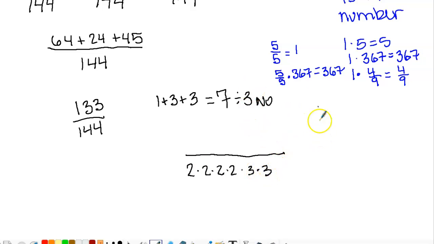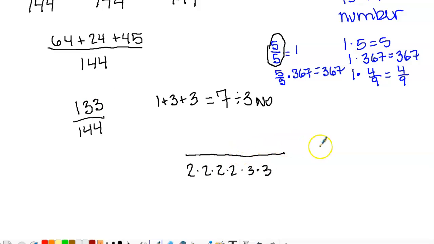So remember, when I reduce, I'm looking for like a number over itself like this, and that will be a 1. And because a 1 times anything is the thing, I can pull them out because they're not affecting the value. So unless 133 has 2s or 3s in it, nothing's going to cancel.